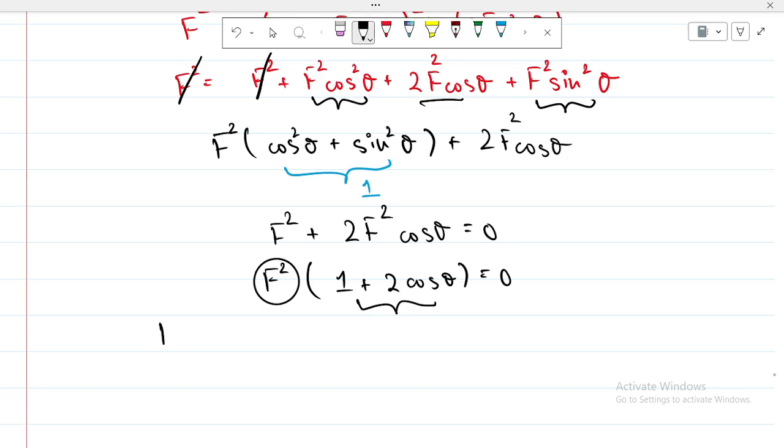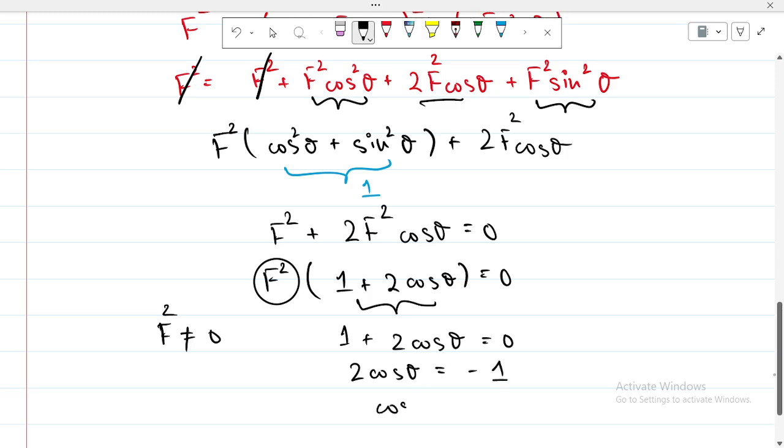F is not equal to 0. So this term must be 0. So 1 plus 2 cos theta equals 0. We have 2 cos theta equals minus 1, and cos theta equals minus 1 over 2, which is minus 0.5.